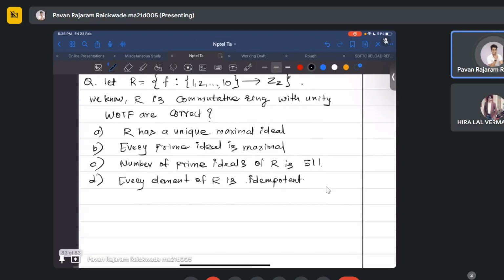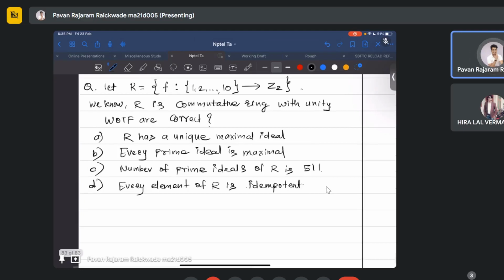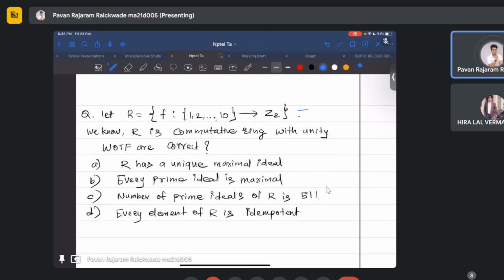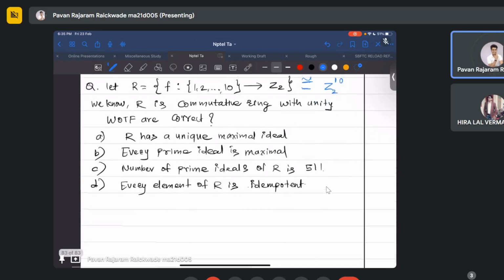Basically this R is the set of all functions from a set with cardinality 10 to Z2. So we can directly say this is the same as Z2 raised to 10, a 10-tuple where each entry is from Z2. So, proof.